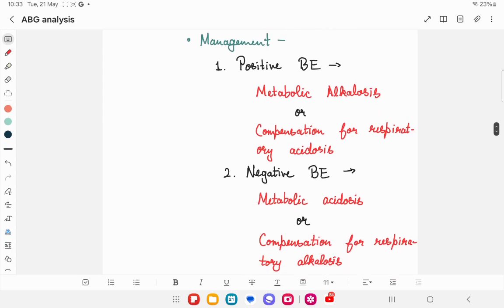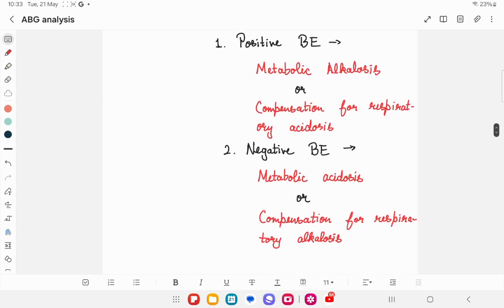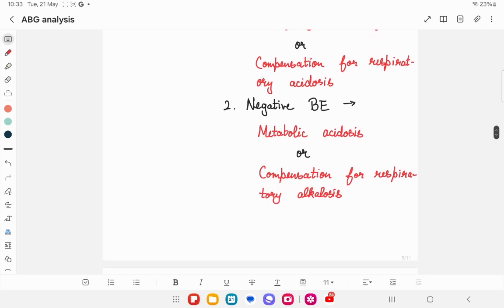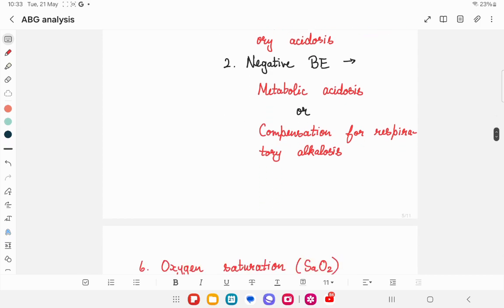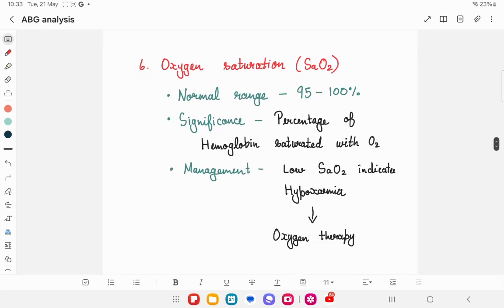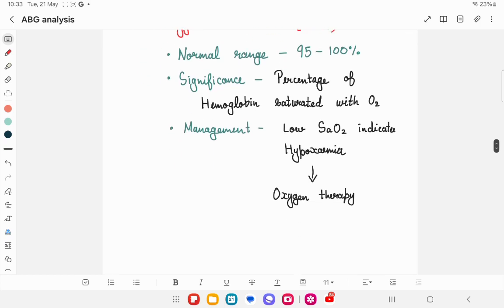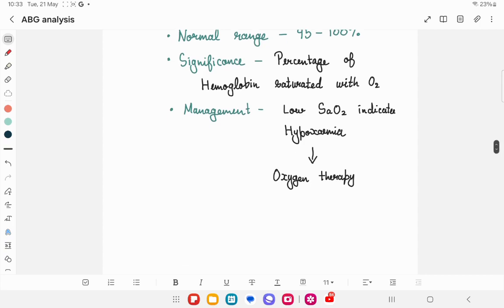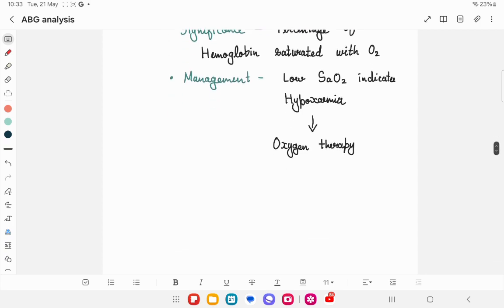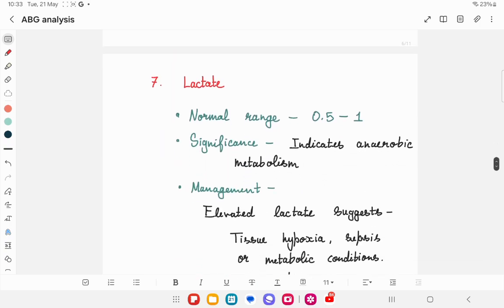So if it is positive, metabolic alkalosis or compensation for respiratory acidosis; negative, metabolic acidosis or compensation for respiratory alkalosis. Oxygen saturation, normal range 98 to 100%. It indicates the percentage of hemoglobin saturated with oxygen, and low SaO2 means hypoxemia and oxygen therapy would be required.